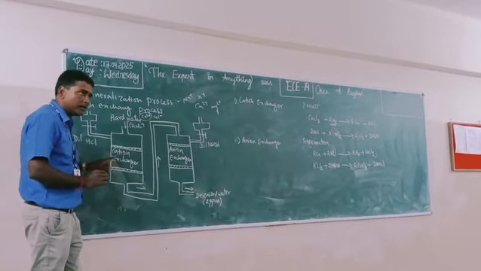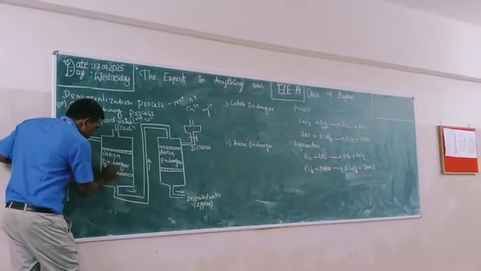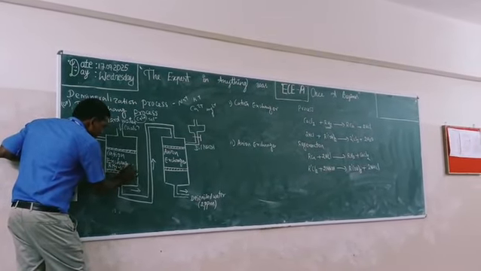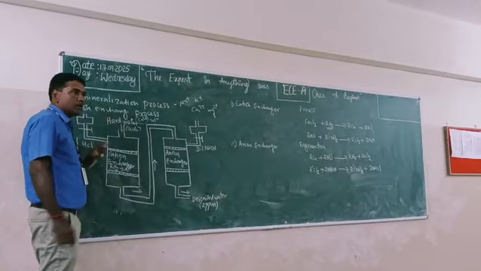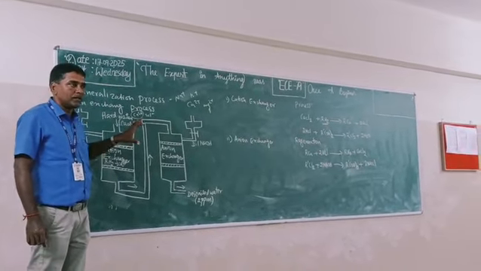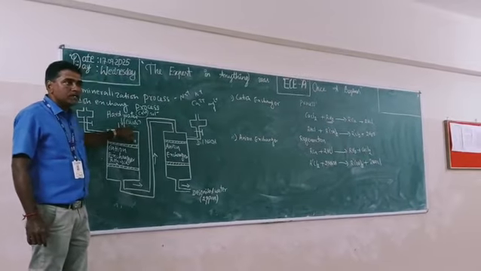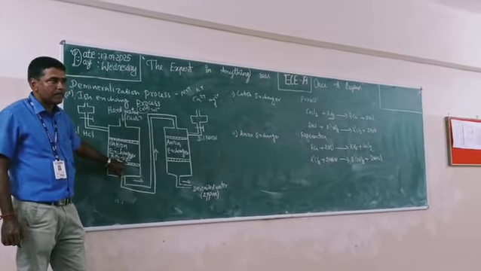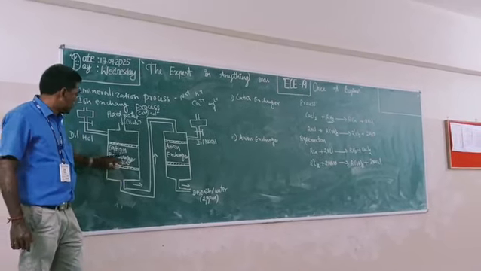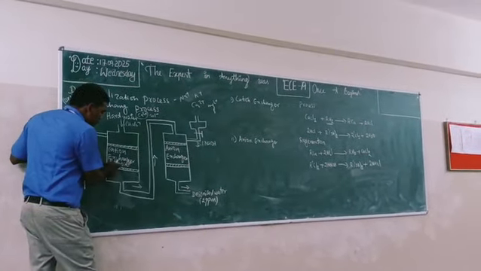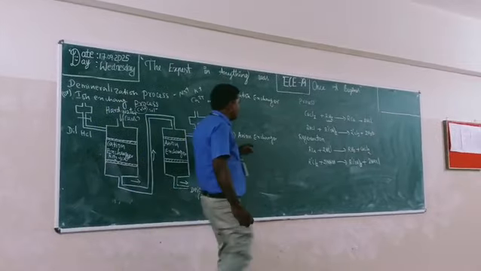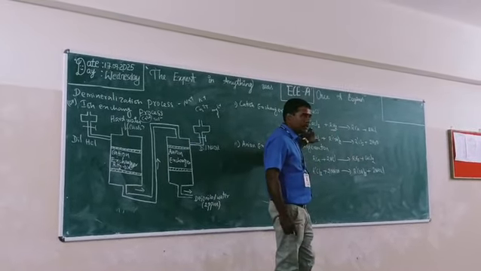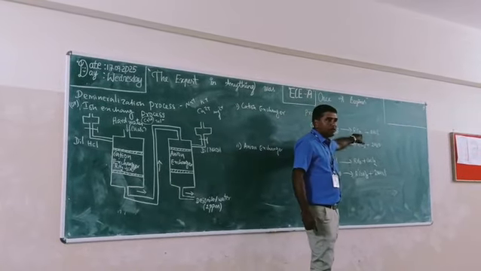So the hard water containing CaCl2 has its Ca2 plus ions absorbed. The cation exchange resin RH2 reacts with the calcium ions, and then it produces RCa.